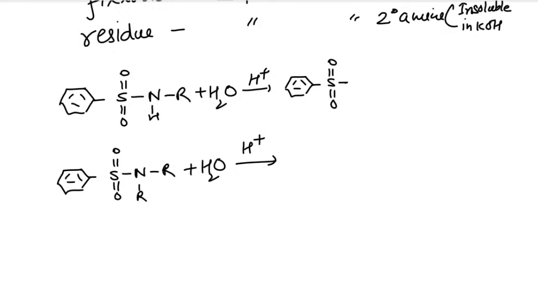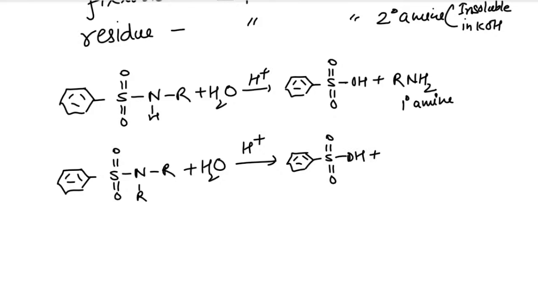So in this way, we get the desired products: primary amine and secondary amine, along with benzene sulfonic acid.